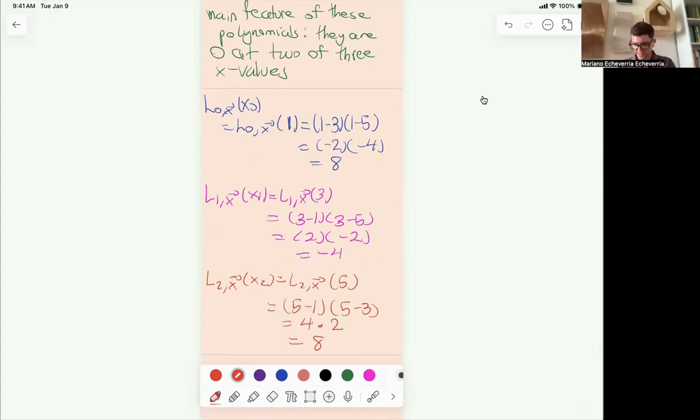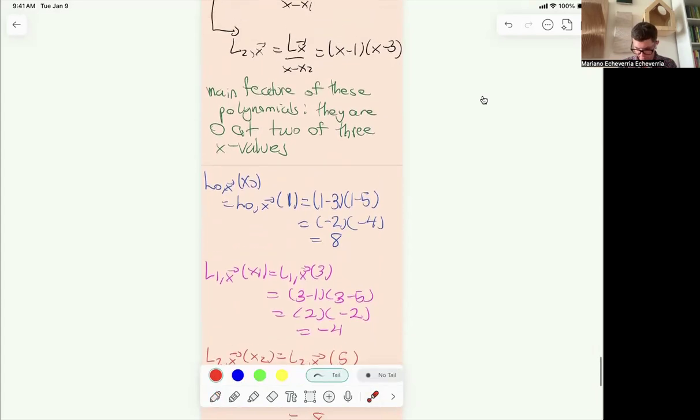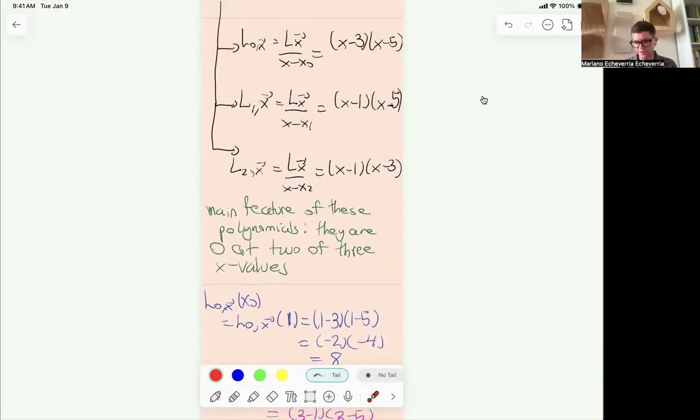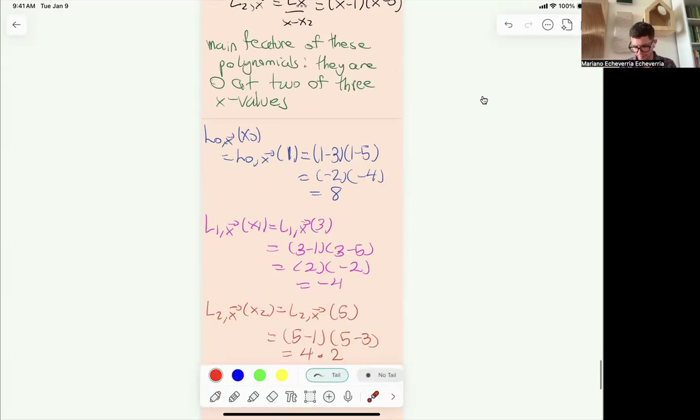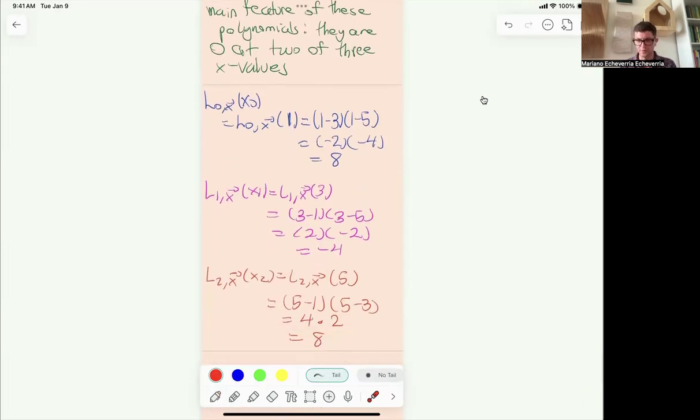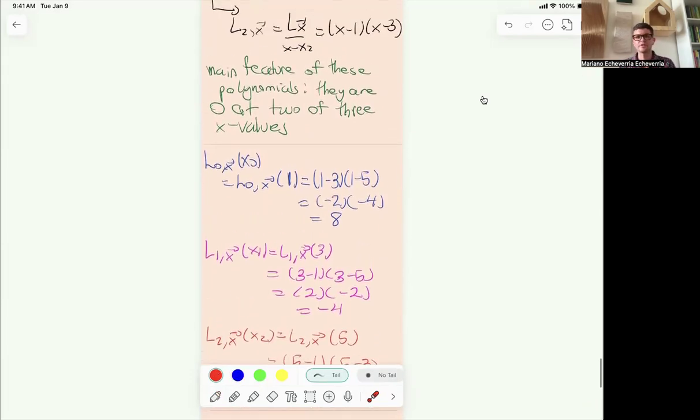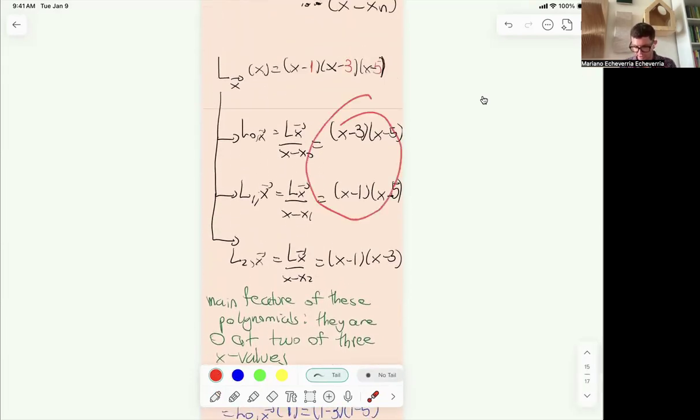So what I'm saying is that of these three polynomials, just to recap what's happening, you construct these three polynomials, right? Each of them is zero at two of the three x values, but it's not zero at the remaining value.